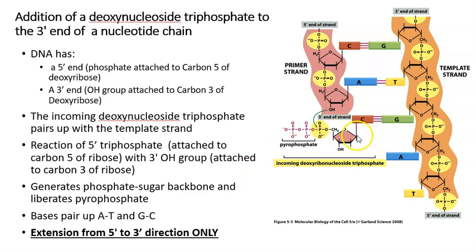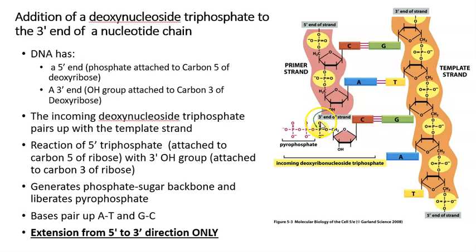On the third carbon, so 1, 2, 3, there is an OH group, an oxygen and a hydrogen, and this is really important because the reaction that occurs when a new nucleoside triphosphate is added to DNA is a reaction between the 3' OH on the existing DNA reacting with the triphosphate group on an incoming nucleotide.